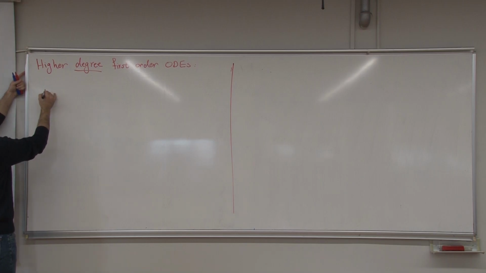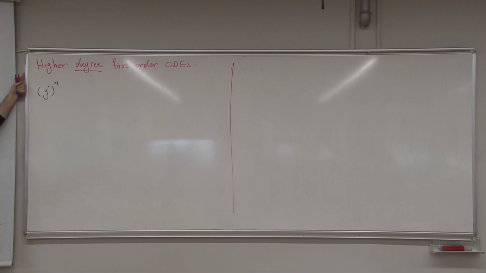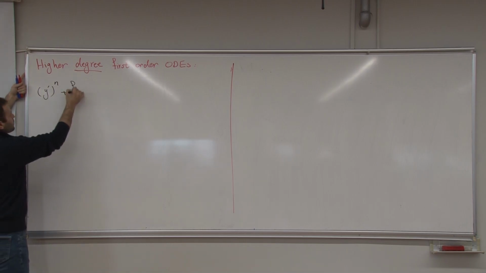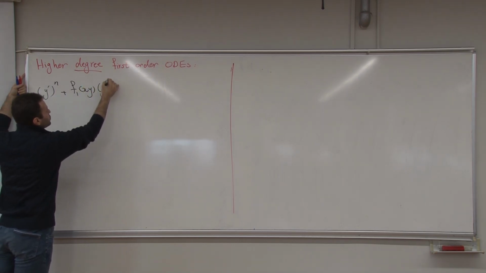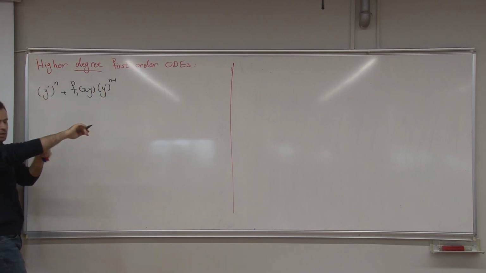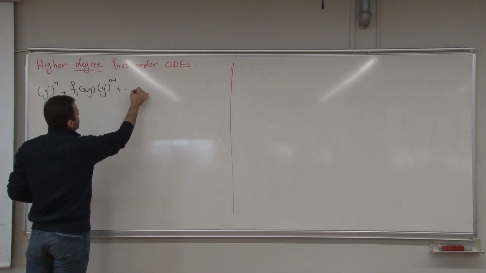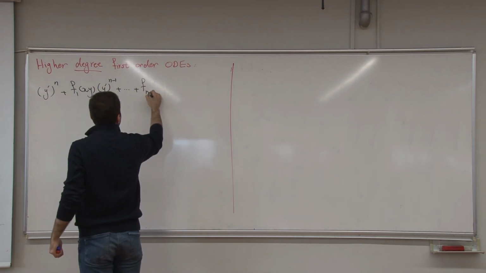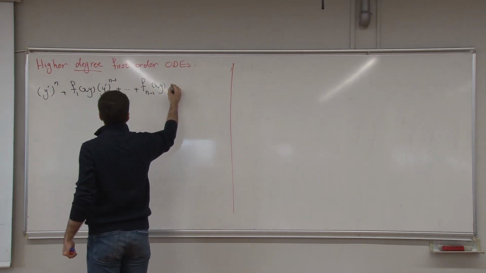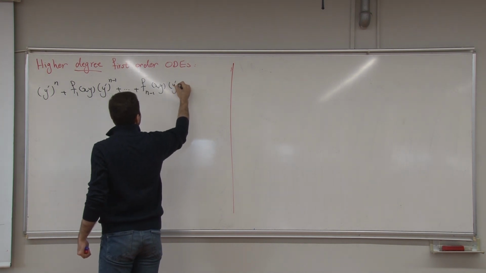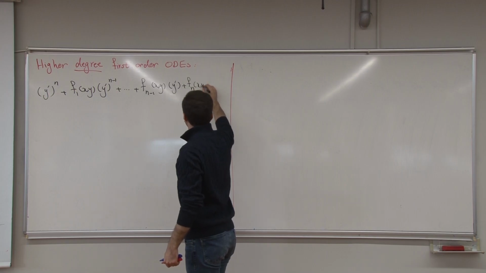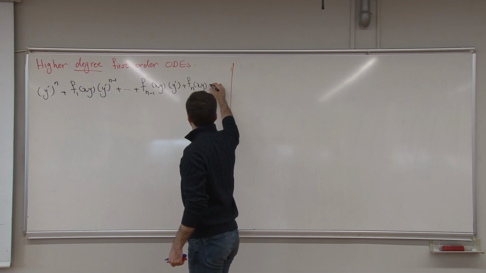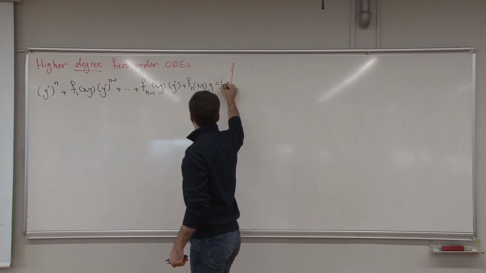The general form of this is going to be our first derivative to the power of n plus a function f1 of x, y multiplied by y prime to the power of n minus 1, up to f n minus 1 of x, y times y prime, plus f n of x, y, equal to 0.